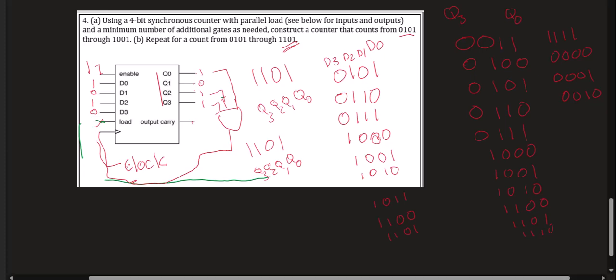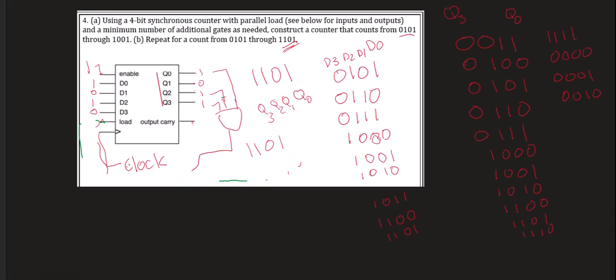Q1 is not part of the gate, because we don't need it to be one. It's an AND gate. If we wanted to include it, we would have to put a NOT gate on it and AND it in. And when load is 1, it loads these up again to restart counting.